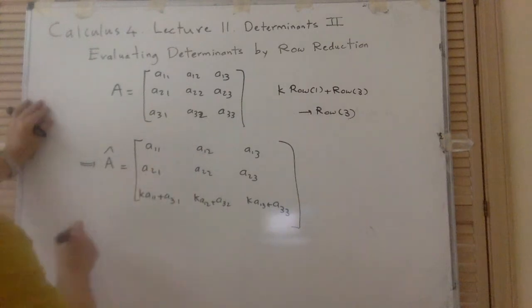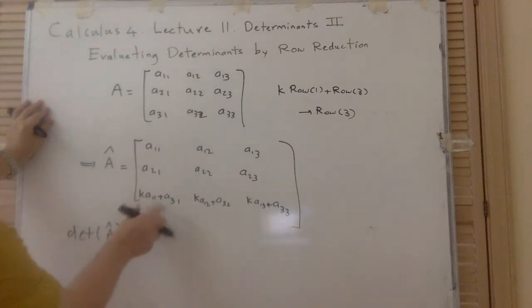So let's go back to fact number 1. This row here has two terms in each one of them.